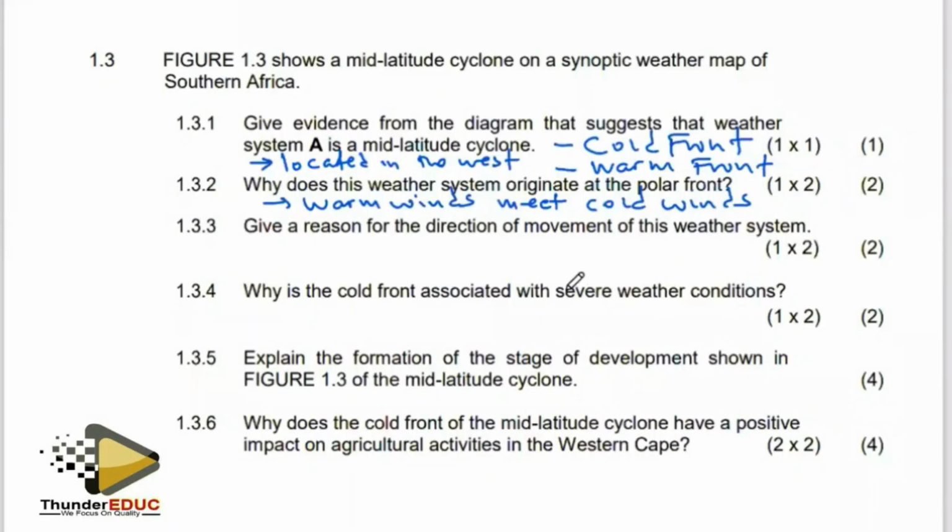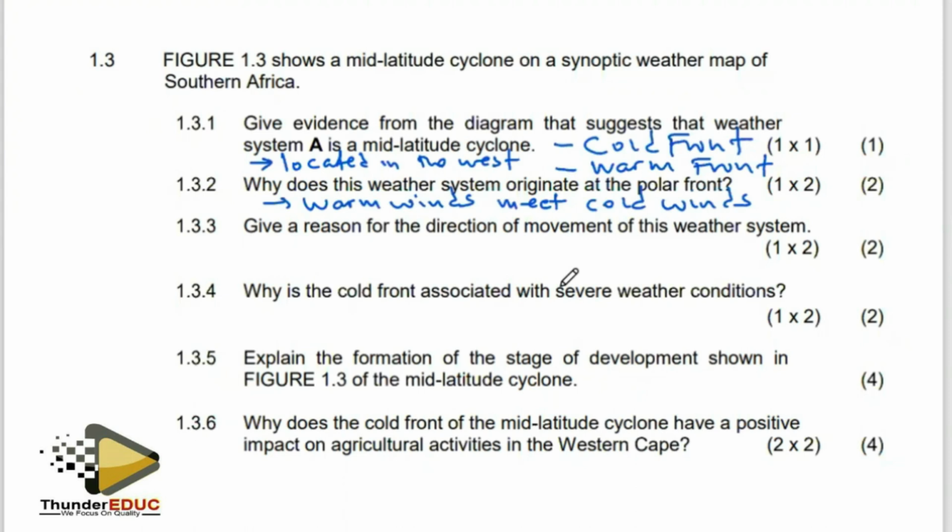Okay. Because the polar front is a region where different air masses meet. That includes warm winds and the cold winds. So the mid-latitude cyclones do develop at the polar front. That is where the cold easterly winds meet with the warm westerly winds.